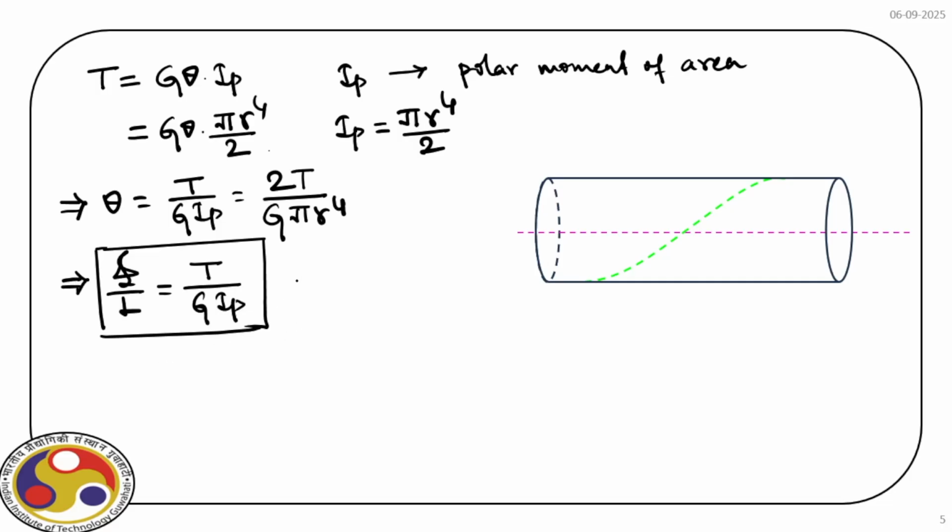Now from this expression we get two important properties of circular shaft, that is, if phi is equal to 1, then we have capital T is equal to G times IP divided by L.